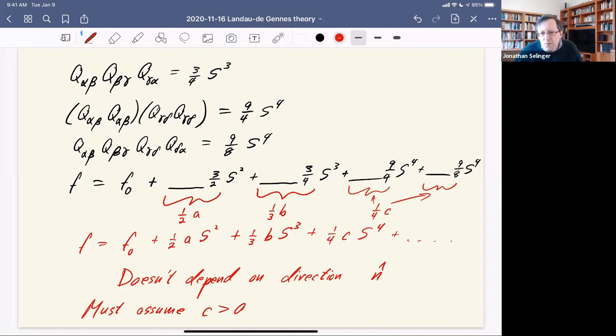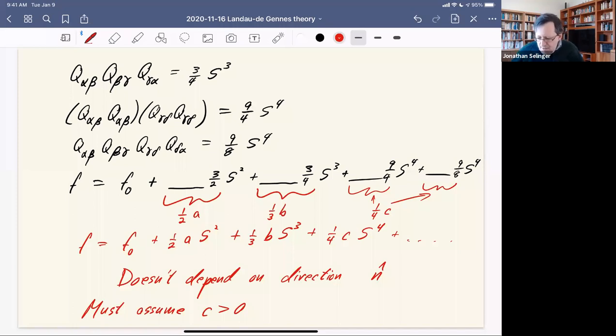Well, if C were negative, then when the order parameter S became very large, either large positive or large negative, the free energy would become more and more negative. The system would be thermodynamically unstable because you could go to infinitely large negative free energy by going to larger and larger S. That's impossible. So we must assume that C is positive.